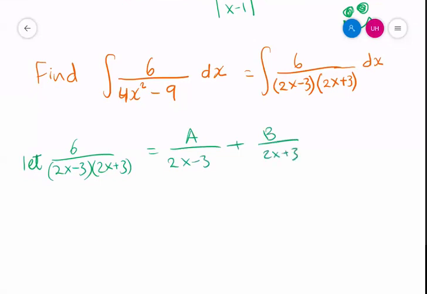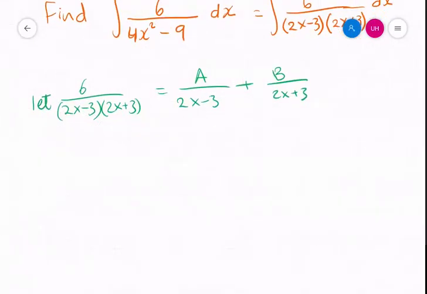And therefore, 6 equals A(2x plus 3) plus B(2x minus 3). Now we need to make some terms equal 0.